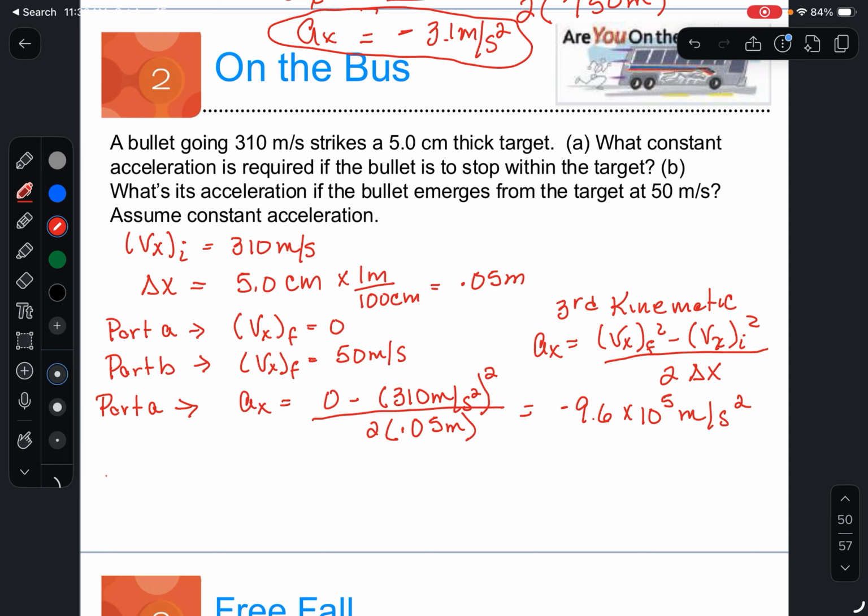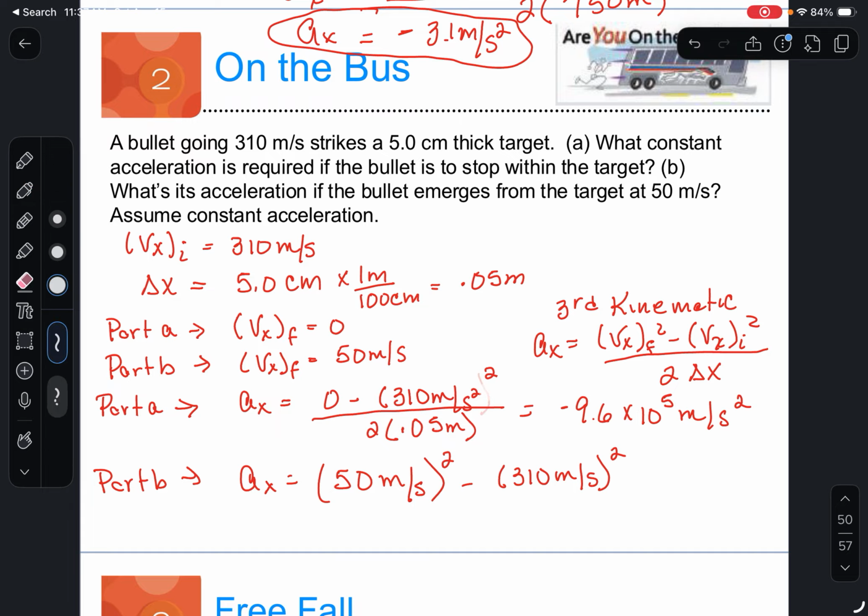for the acceleration. And in part B, your final velocity, when the bullet emerges from the target, is 50 meters per second, minus 310 meters per second. And I just noticed that I put a square right here, and that should not have been.